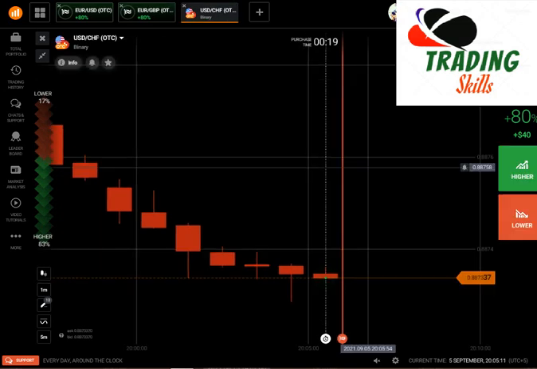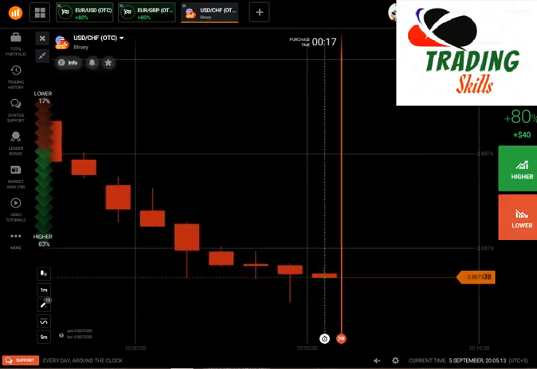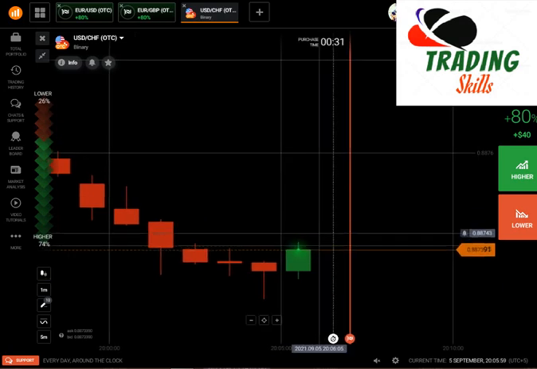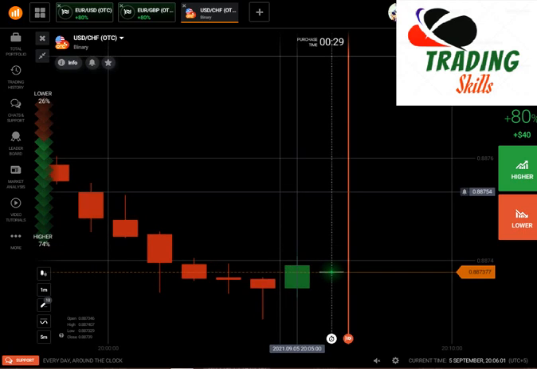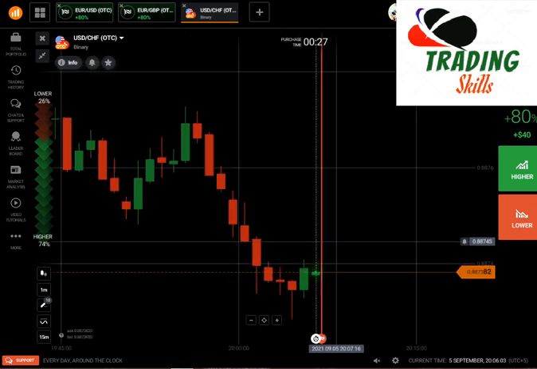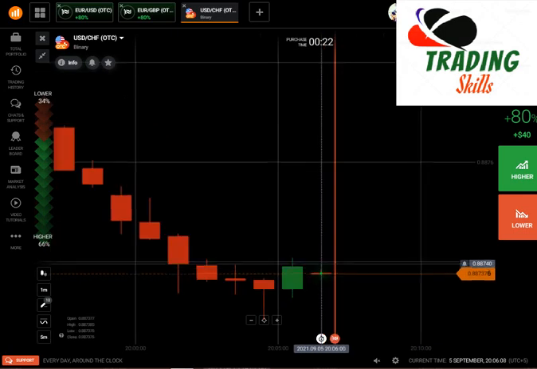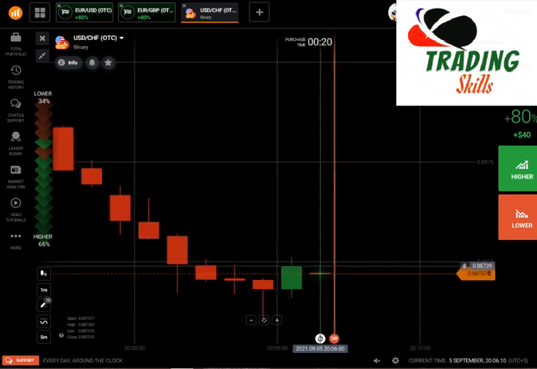So after this, okay, now you can see the market is telling us this engulfing candlestick, and again you can see a gap down opening.